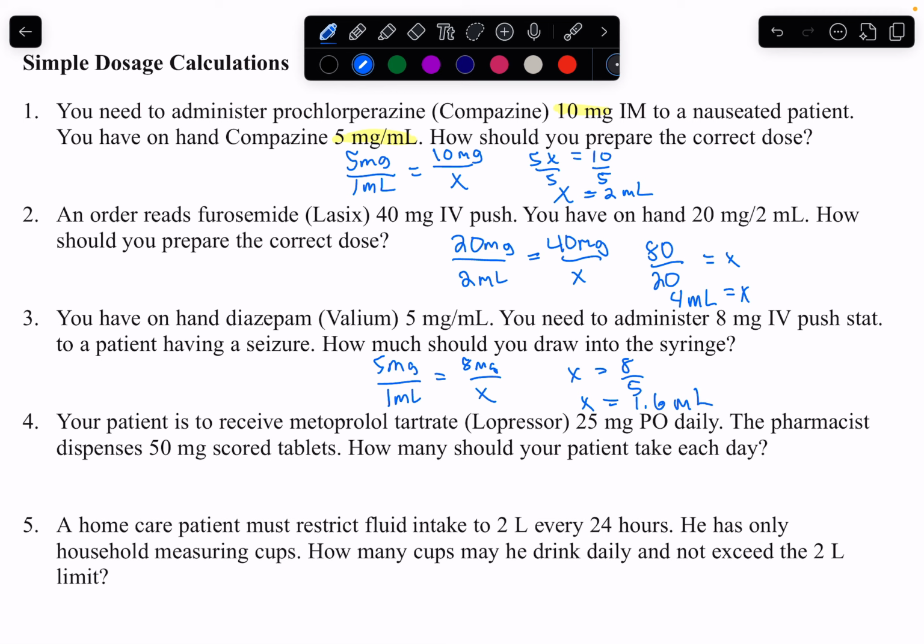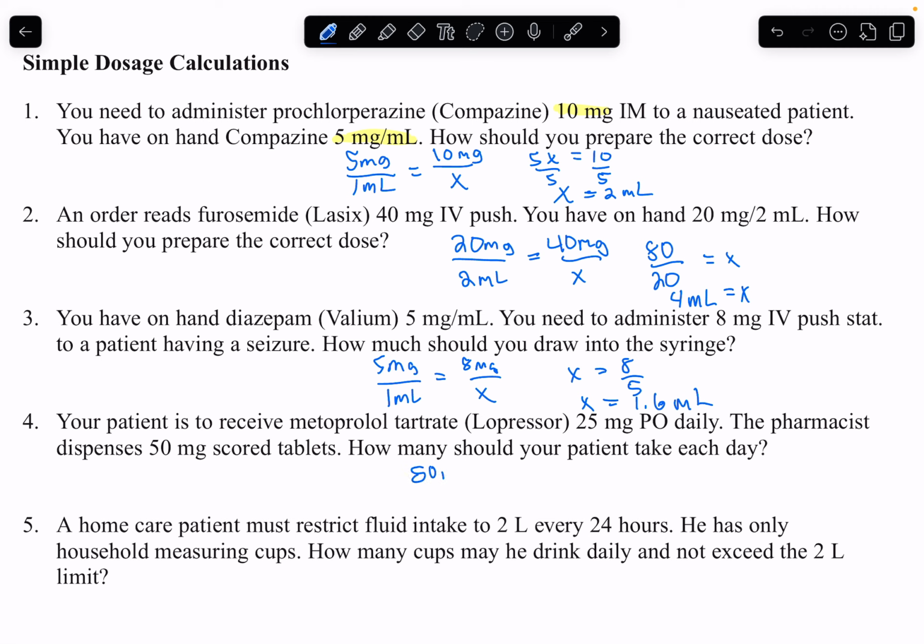Number 4, your patient is to receive Lopressor, 25 milligrams PO daily. The pharmacist dispenses 50 milligrams scored tablets. How many should your patient take each day? Let me start again just for a second to show how we can write it.